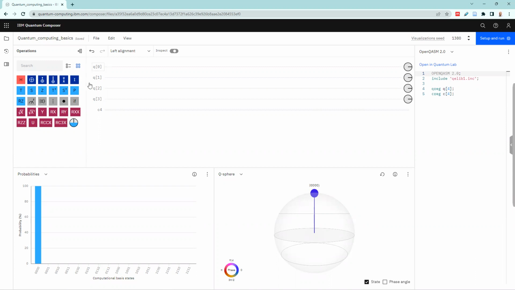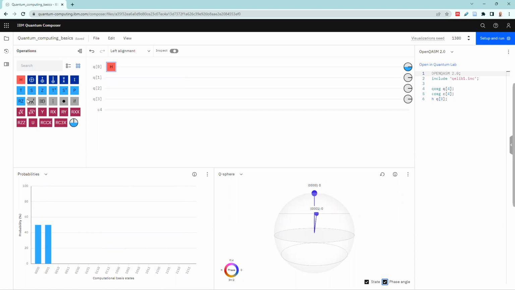All the states are initialized at 0, and we have already seen that when it's applied to the 0 state, we get a 50-50 probability distribution of 0 and 1. This blue color refers to phase 0. We can also see the phase angle here, which is 0.